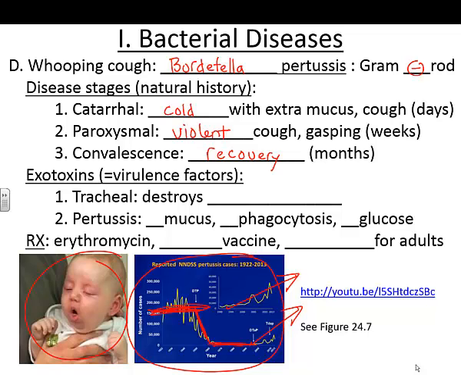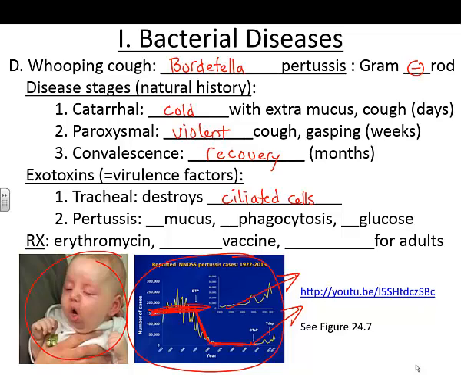Besides its capsule and endotoxin, or LPS, the organism produces two well-characterized exotoxin virulence factors. The first is known as the tracheal toxin. This toxin destroys ciliated cells in the upper respiratory tract and makes it easier for the organism to establish an infection.